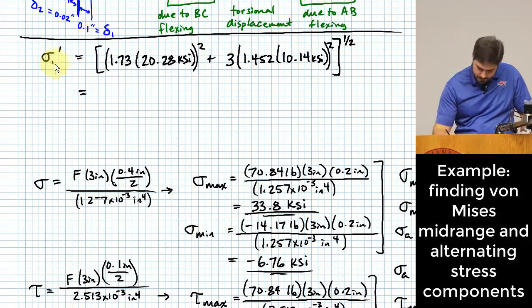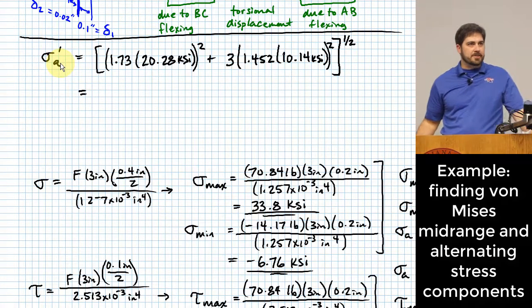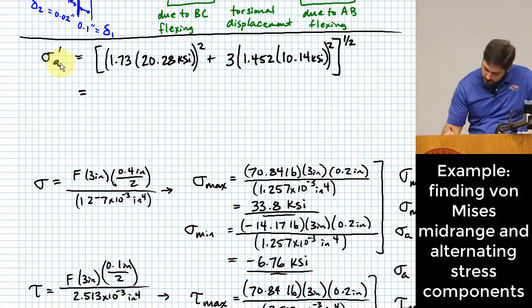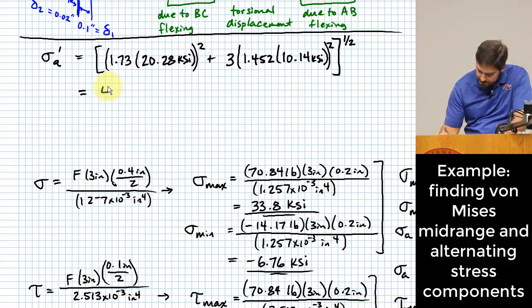Yes, thank you. This is for all the alternating component. I switched gears after I wrote the label on there. All right. So our alternating component there is going to be equal to 43.37 KSI.